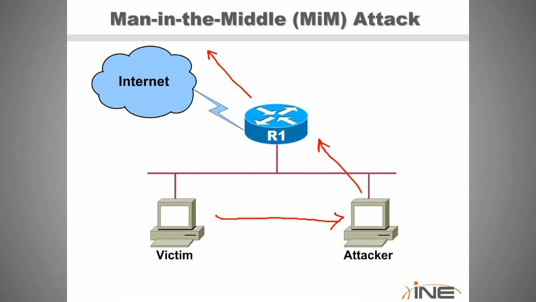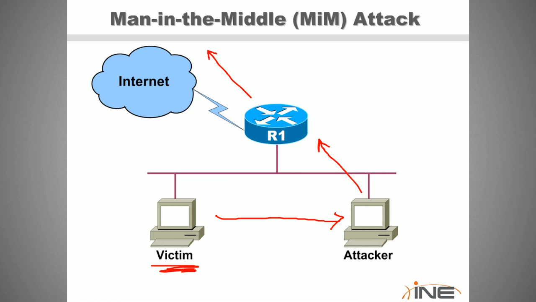And the problem is that a lot of the time this is going to be transparent from the victim's point of view. So the victim goes to their banking website and they put in their social security number or whatever information, and they do get the legitimate replies back from the website.